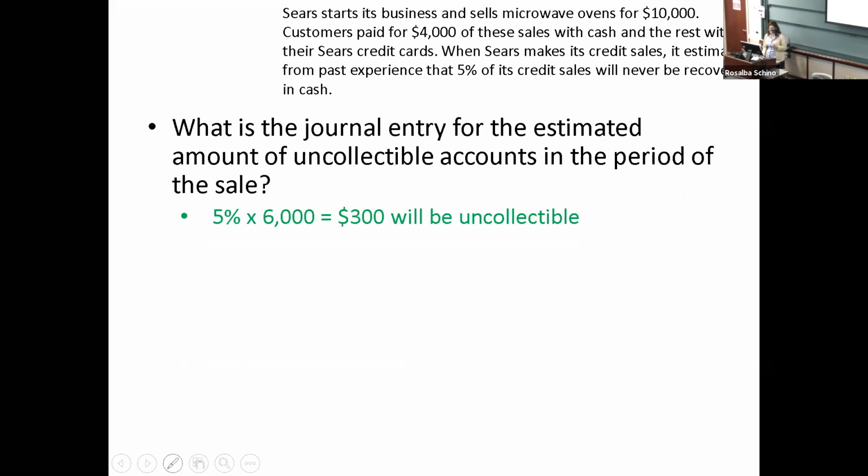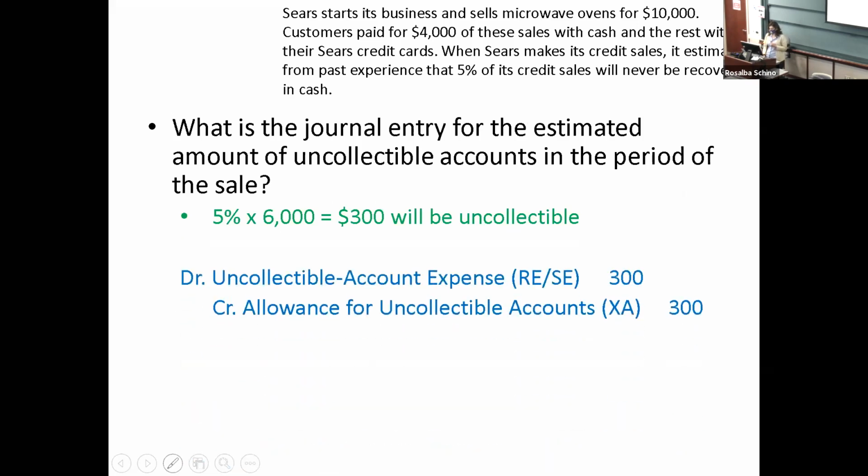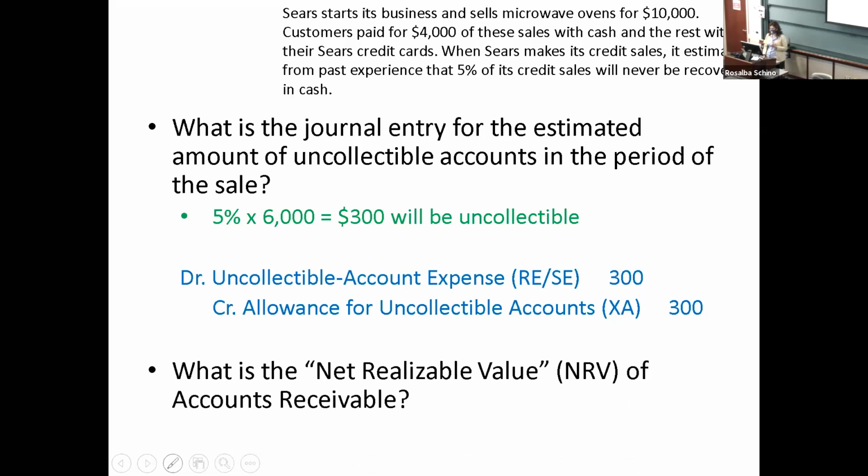The 4,000 was already received, so the 5% has to be on the credit sales. The credit sales were 6,000, so 5% of that is 300. So we'll book the uncollectible accounts expense of 300, and the allowance for uncollectible accounts will go up by 300. Easy. So what is the net realizable value of the accounts receivable at this point? It's 6,000 minus the 300, 5,700.